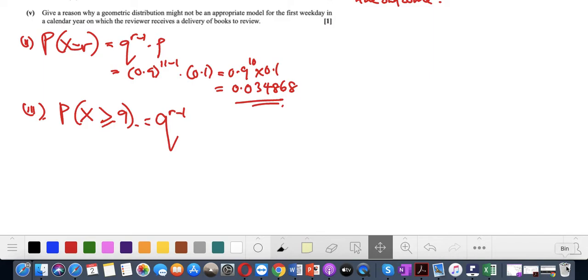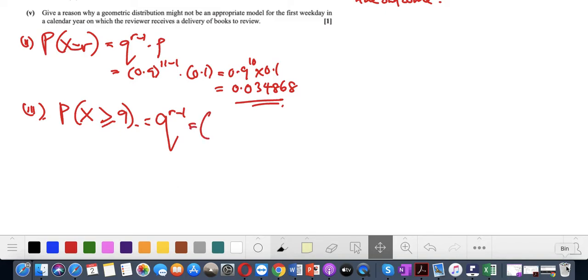Let's understand this first. He's not reviewing on the first day, second day, third day, all the way to the 8th day, but he's reviewing from the 9th onwards. So what he's been doing from the first all the way to the 8th is not reviewing. So it has to be q to the power of how many days? It's 8 days.